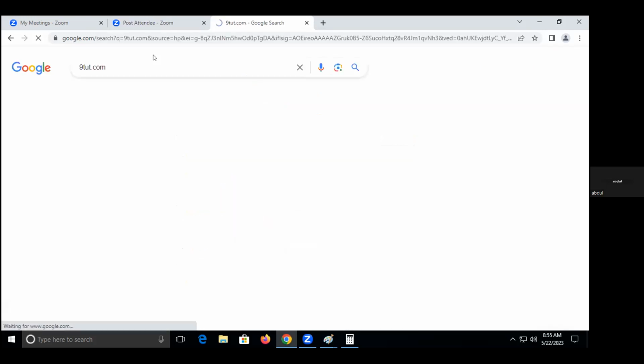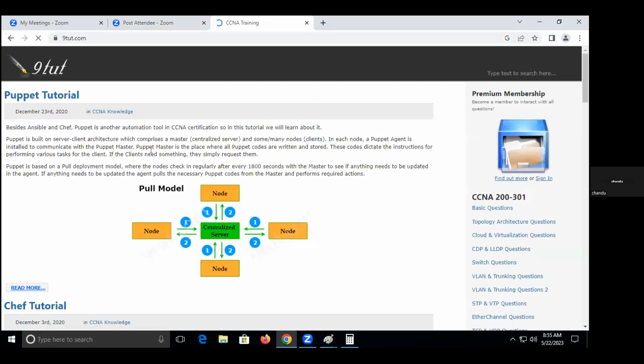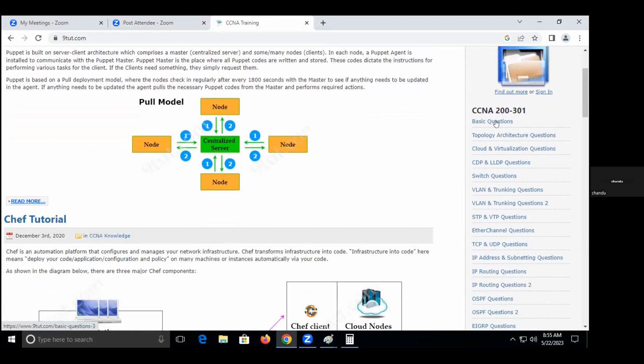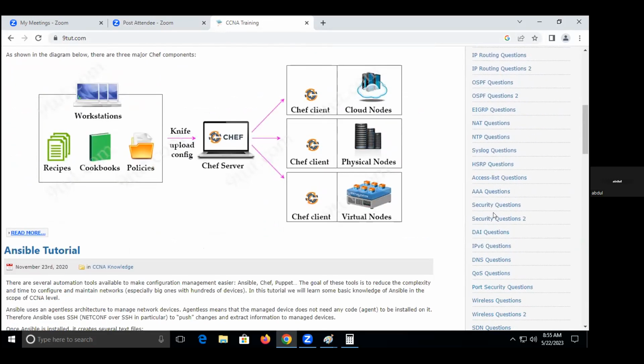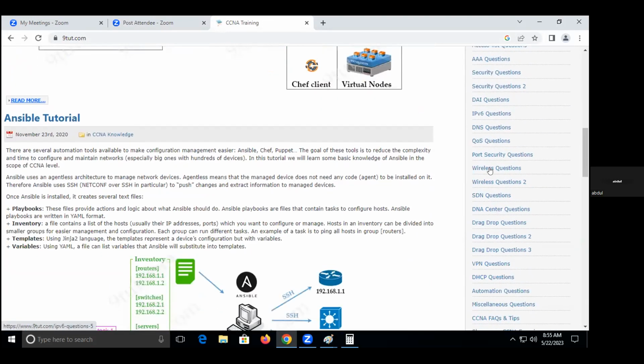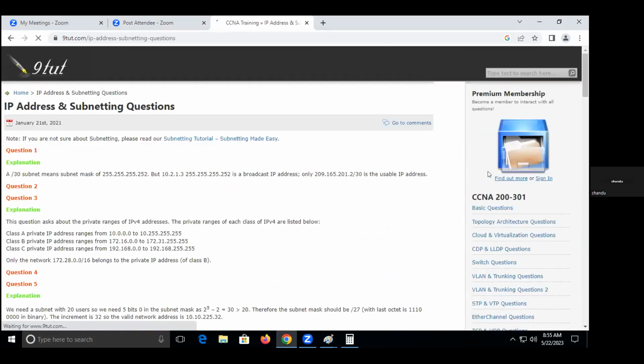There are so many questions there, mostly theoretical, no labs. Don't think there are so many chapters. IP routing, IP addressing, and subnetting questions. Of course, they ask /30 means what? The valid hosts will be 2.